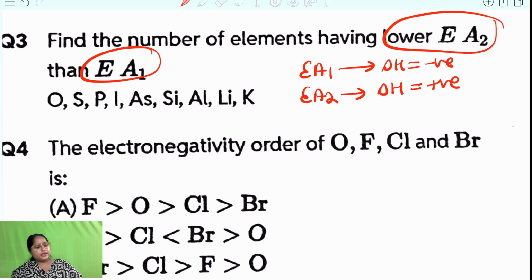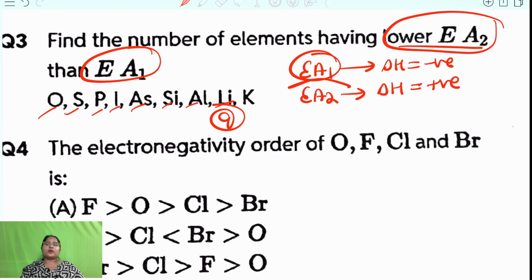They are saying lower EA2, so EA2 will definitely be lower than EA1 for the neutral case, meaning 1, 2, 3, 4, 5, 6, 7, 8, 9, all the 9 cases. So the answer will be 9. EA2 will always be lesser than EA1 for neutral cases. It is electron affinity there, but for ionization energy, as I have told you, successive ionization energy will be more, but electron affinity will be less.